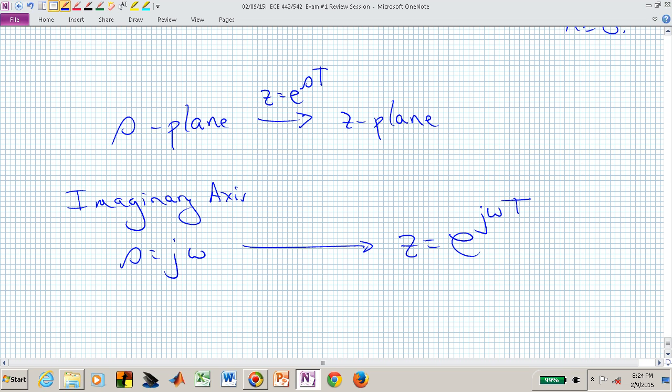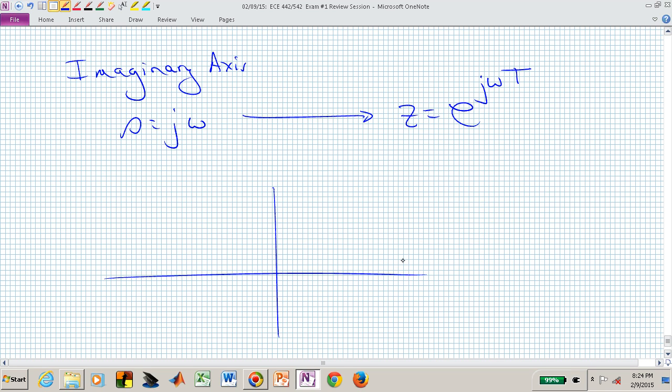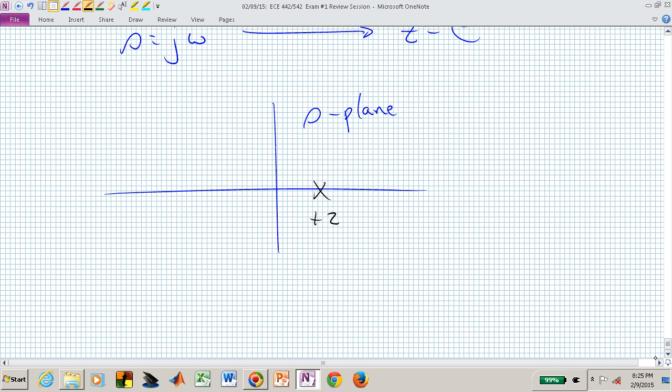If it was in the right half plane, so now let's say that here is our S-plane, and if I picked a pole over here, what do you know that pole in the S-plane corresponds to? Is that a stable system or unstable? Let's say this is plus 2. Pardon? So that's unstable, isn't it?